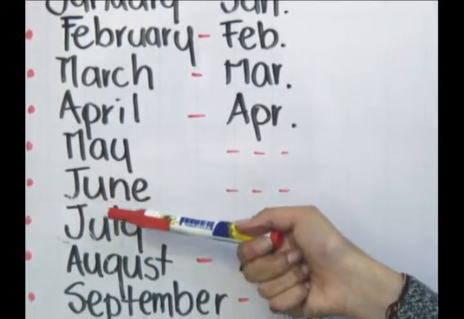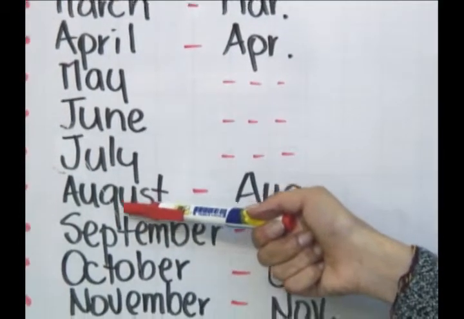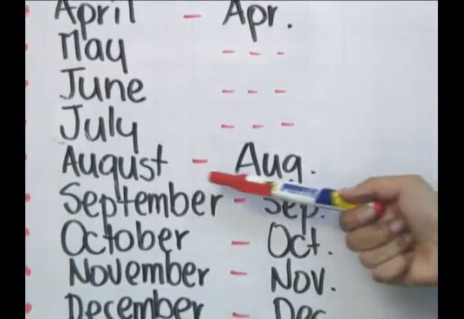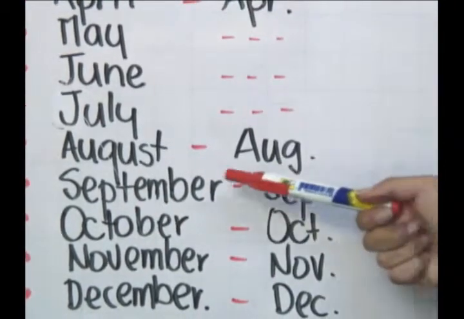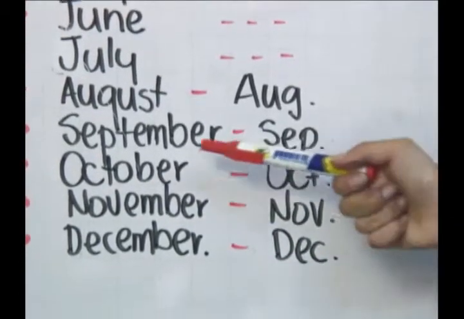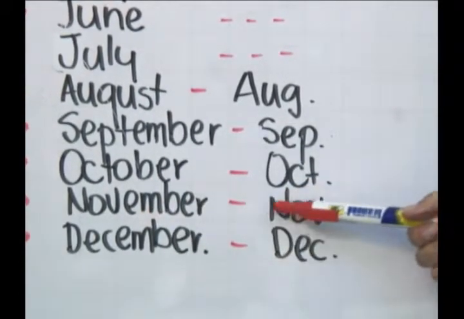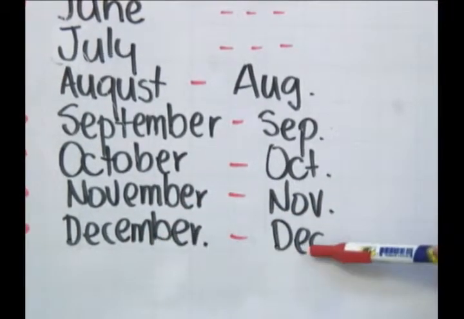June, July, August, Aug. September, Sept. October, Oct. November, Nov. And the last one, December, Dec.